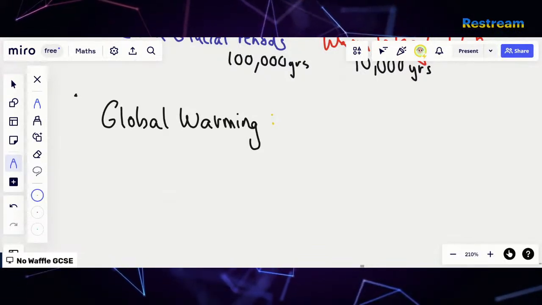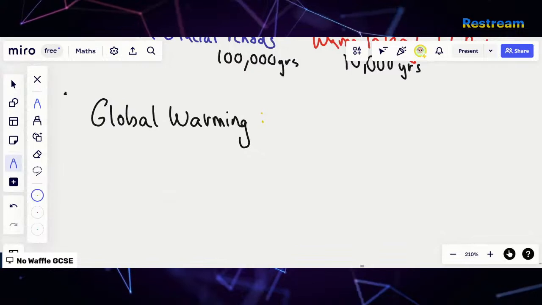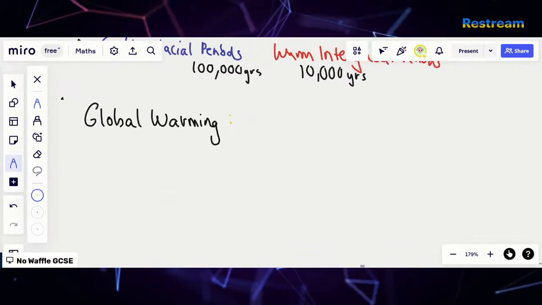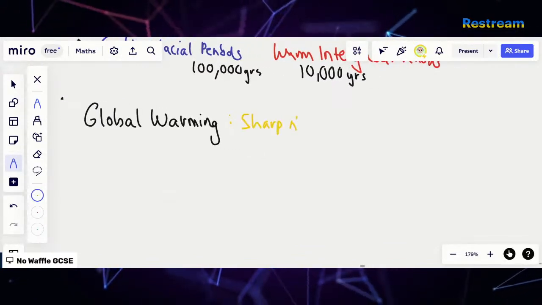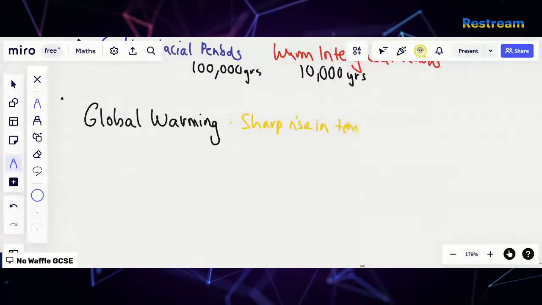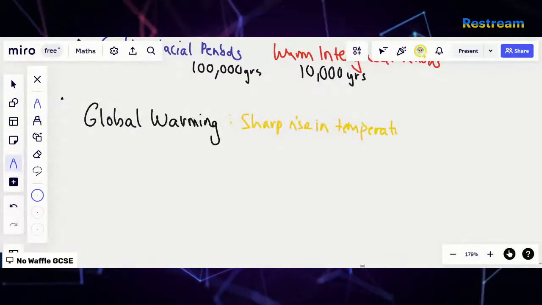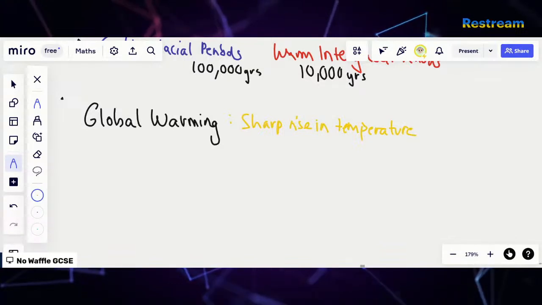So, global warming is the term used to describe the sharp rise in temperature over the last century.